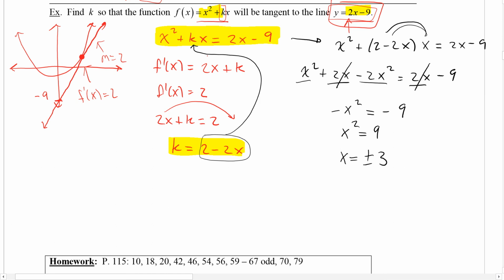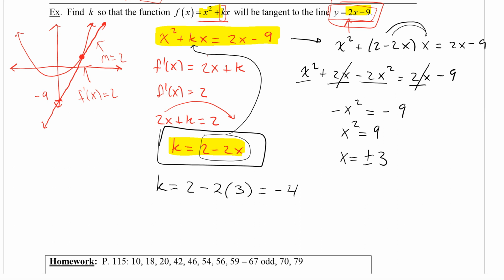That's not my answer, however. My answer should be k. So I'm going to use this equation here, and I'm going to plug in the positive 3 first. k is 2 minus 2 times positive 3, which is 2 minus 6, which is negative 4. There's one k value.